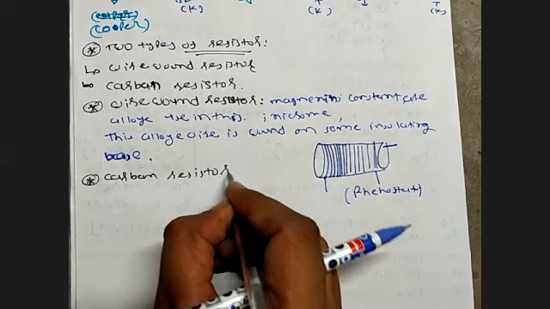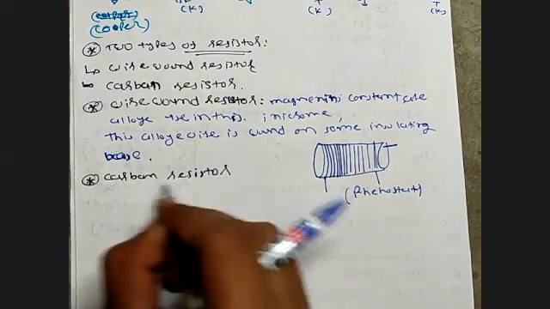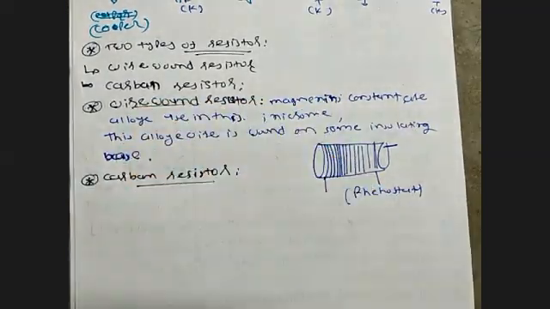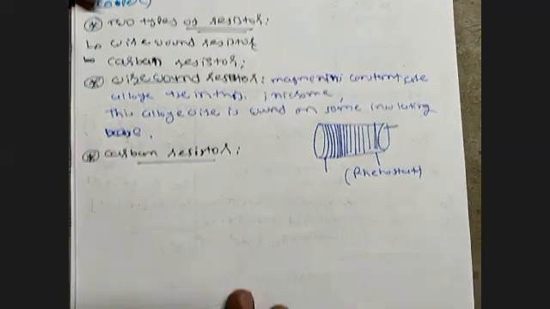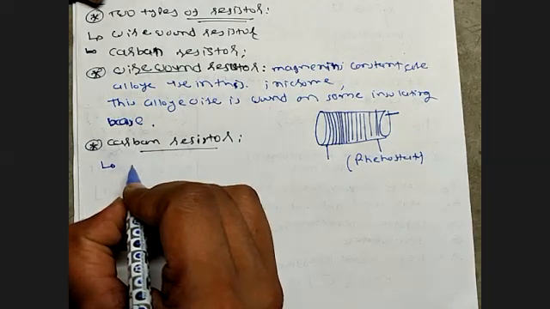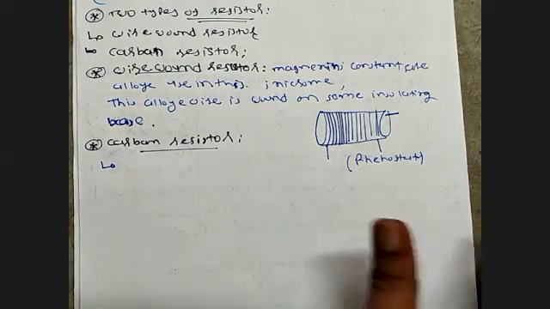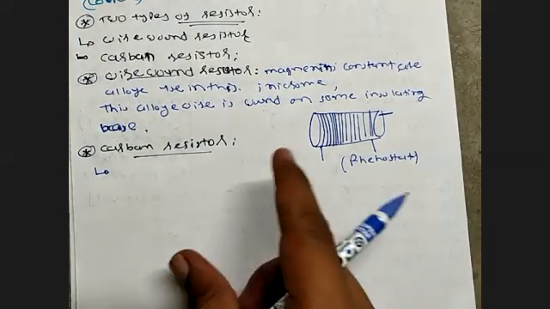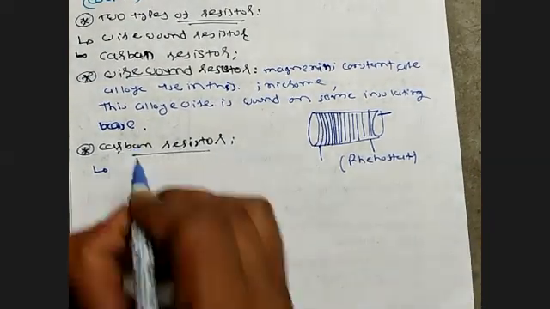Good. After the wire wound resistor, now there is the carbon resistor. What does it mean? In the carbon resistor, we utilize pure graphite mixed with resin. Sorry for that.